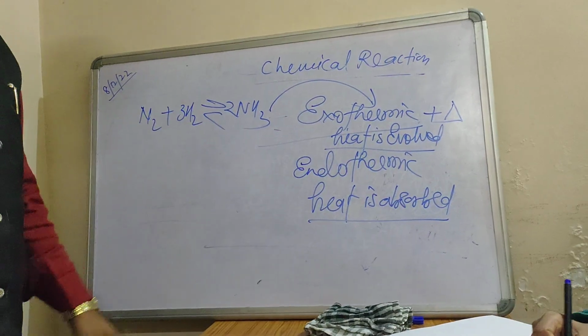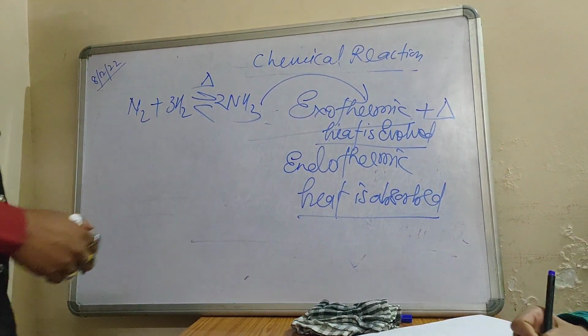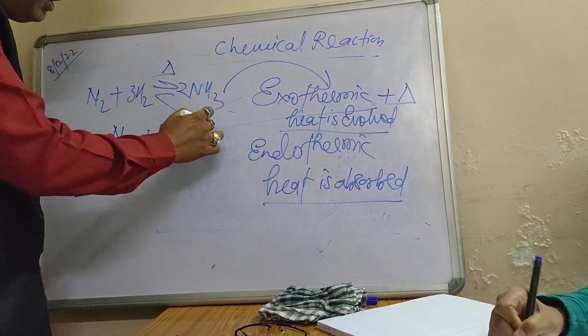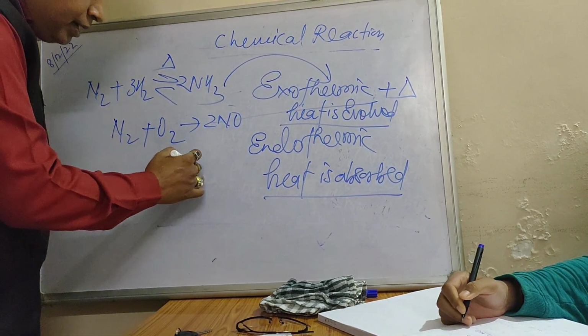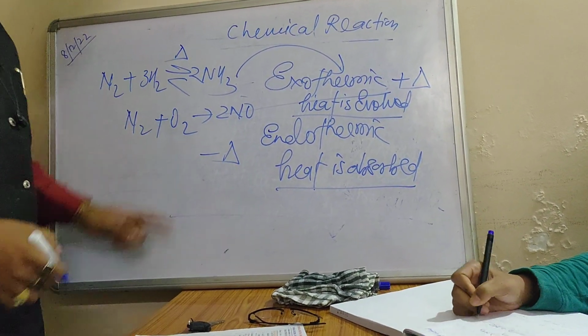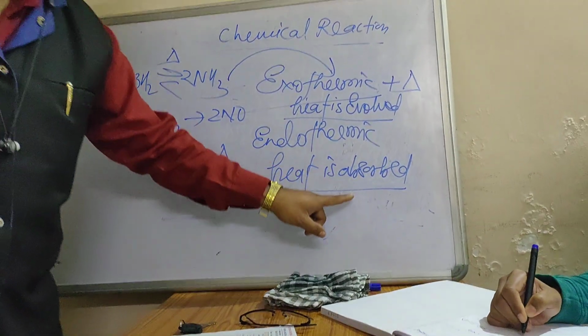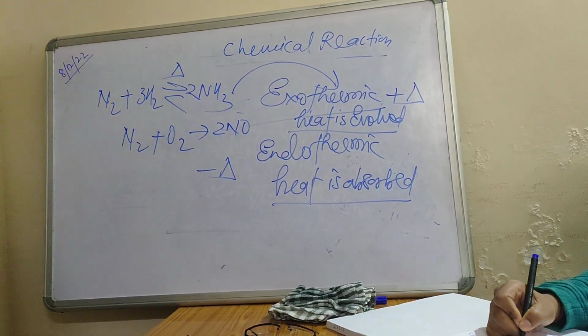But if I take nitrogen and oxygen, N2 plus O2, this gives you 2NO. So here the enthalpy, that is del H, will be positive. This proves that heat is absorbed.